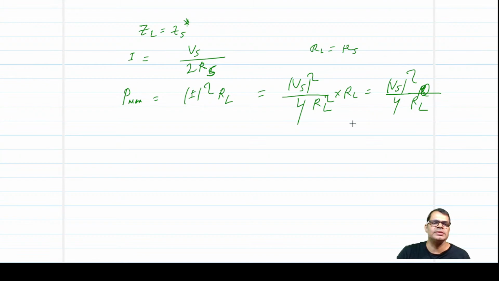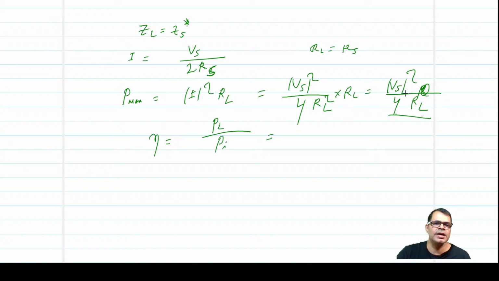So this is the power delivered to the load, and the power absorbed by the source is the same. So efficiency will be PL upon Pin.